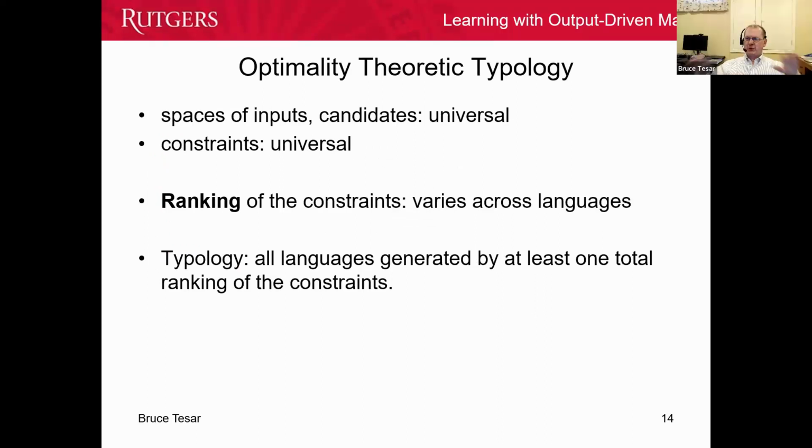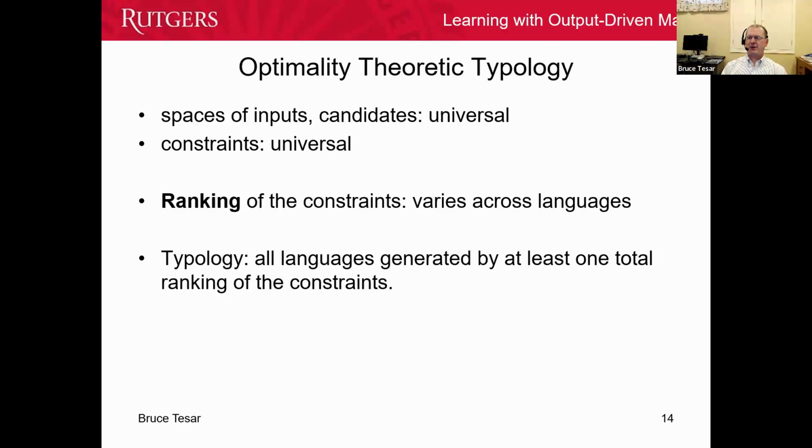Yep. So the larger picture in optimality theory is that the space of inputs and candidates are universal. That function, both its domain, which is the representable inputs, and its codomain, the space of representable outputs, are universal. Every human language has the same set of inputs and outputs. And the constraints as well are universal.